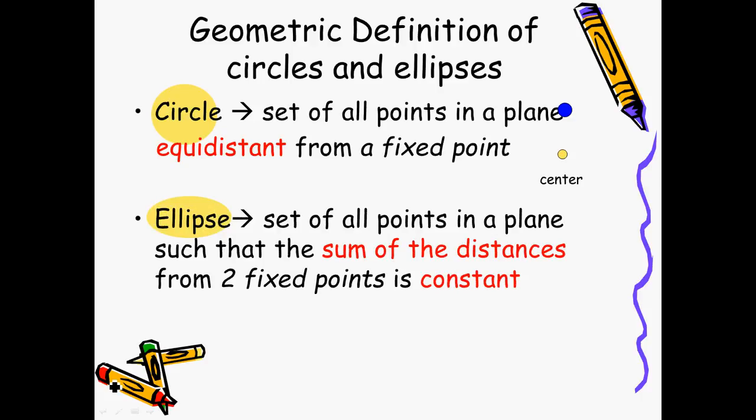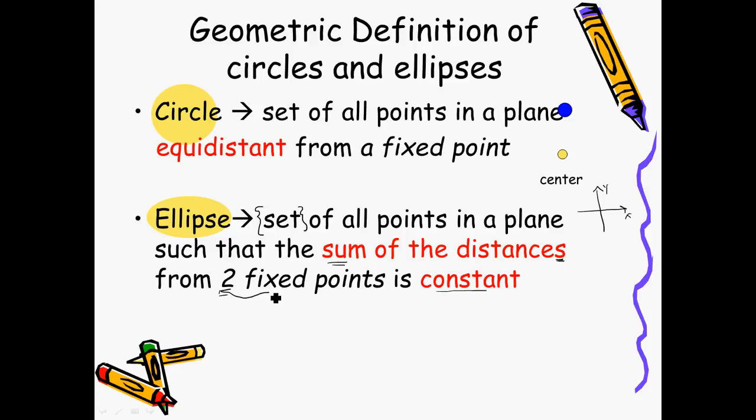picking one distance, and keeping that distance constant. An ellipse, however, is the set of all points in a plane, and for us that's going to be the XY plane, such that the sum of distances from two fixed points does not change, is constant.